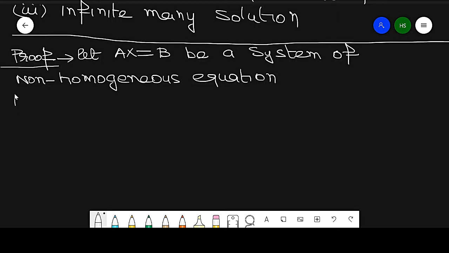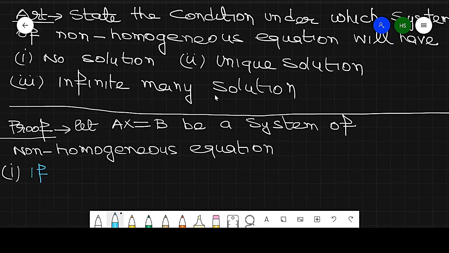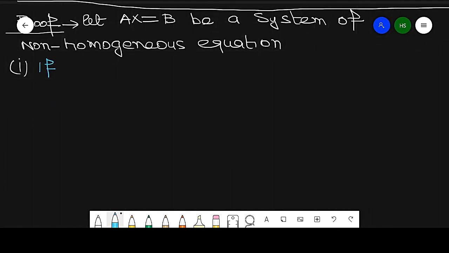Now the first part: the augmented matrix and the A matrix. Just see what our first part is. The first part is no solution.